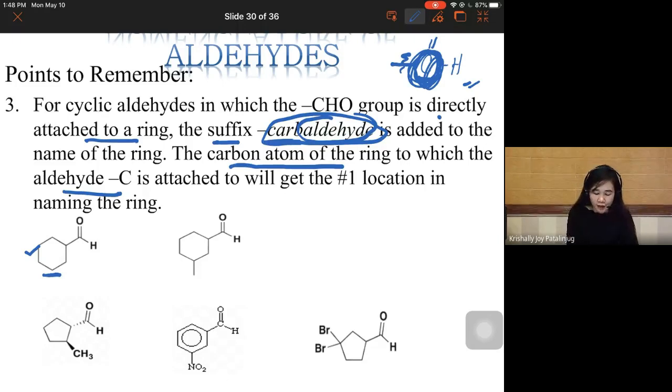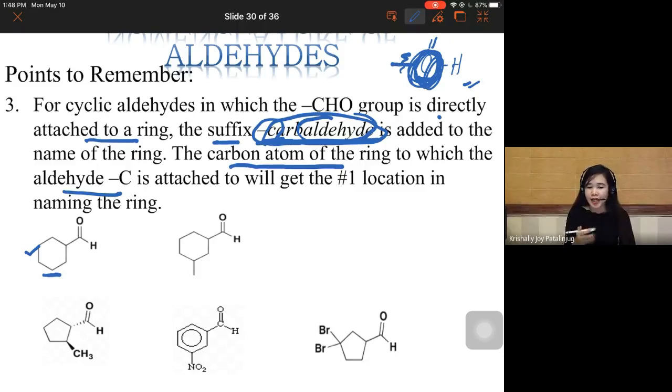Now, after naming that whole thing, simply add the suffix carbaldehyde. You don't need to erase the ending E of the corresponding name of that cyclic ring, because the suffix carbaldehyde starts with a consonant. Diba, ang atong ruling is kung nag-start sa consonant ang suffix, then iyang preceding letter should be a vowel.